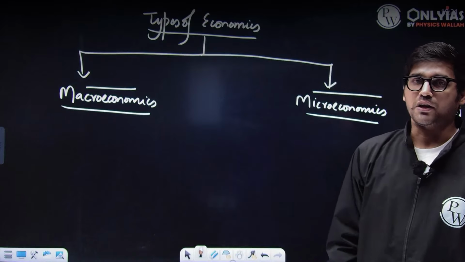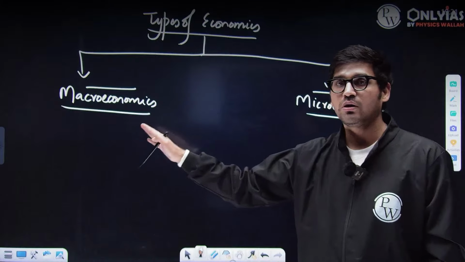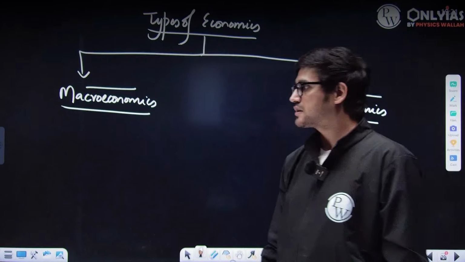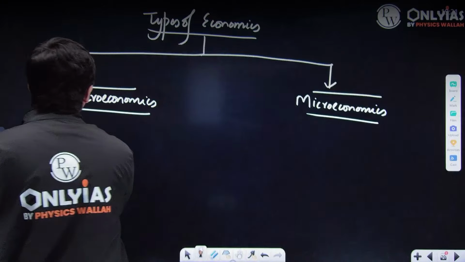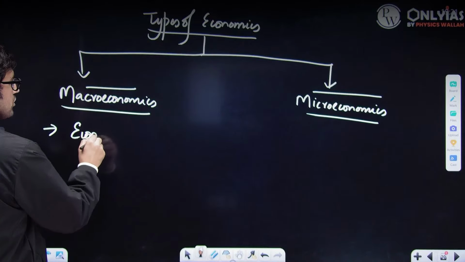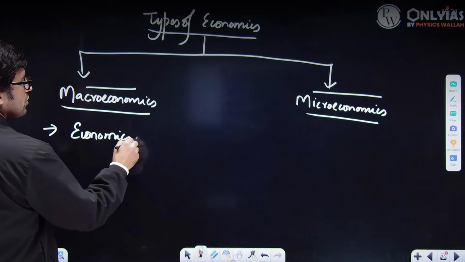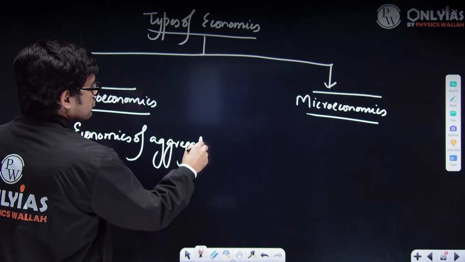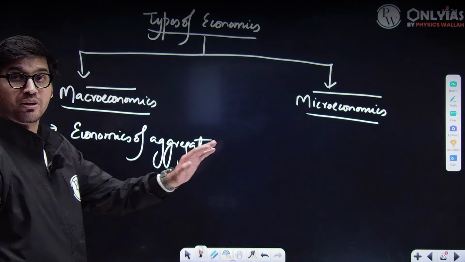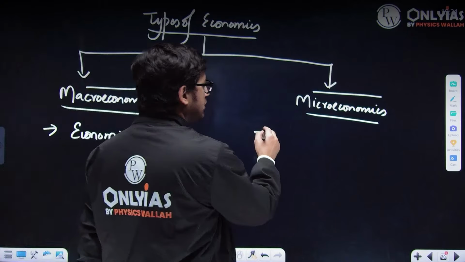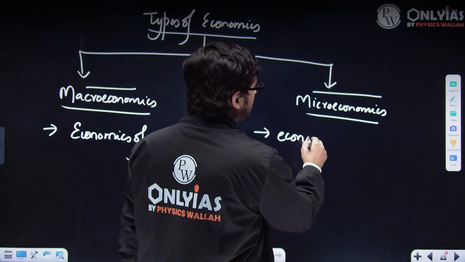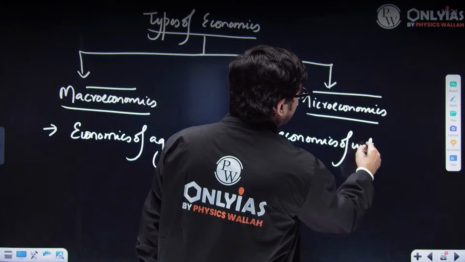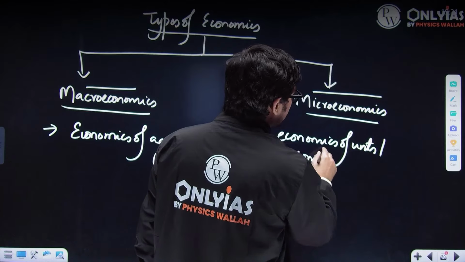The types of economics, macro and micro. Now, macroeconomics is also called the economics of aggregates, and microeconomics is called the economics of units or components.